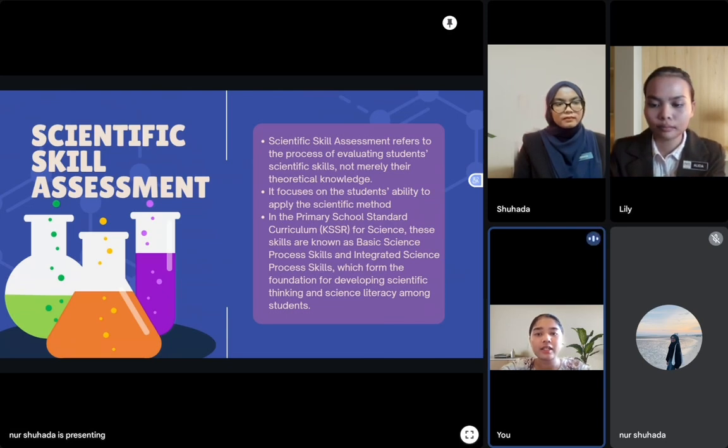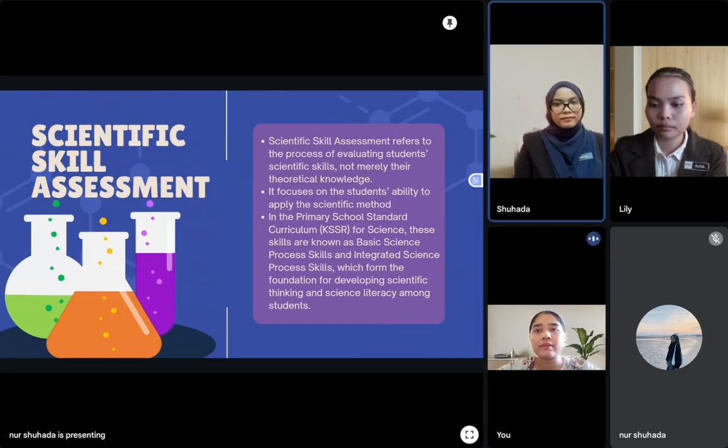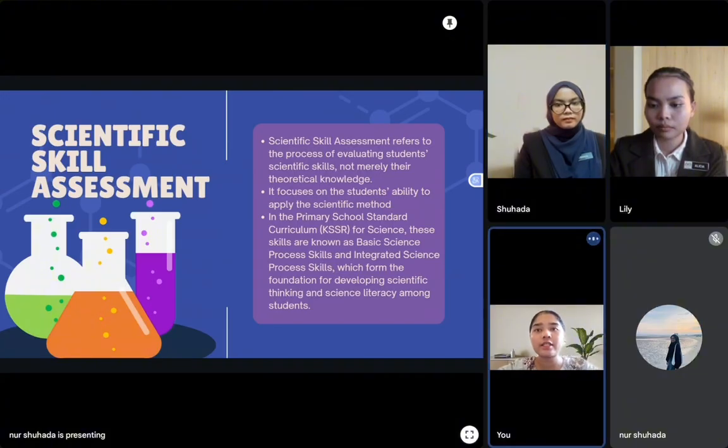It focuses on observing how well students can use the scientific process in real-life or experimental contexts.